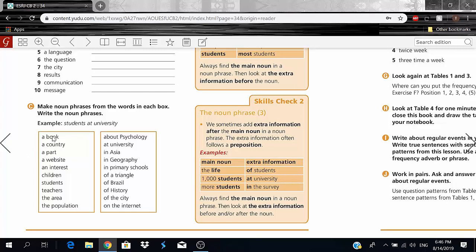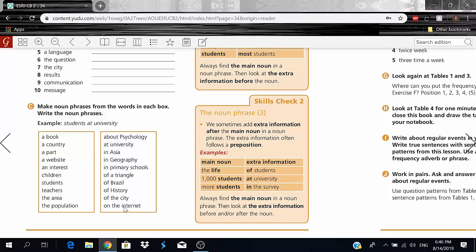So I can probably say a book about psychology. I could also say a country in Asia. A part, I could say a part of the city. A website on the internet.